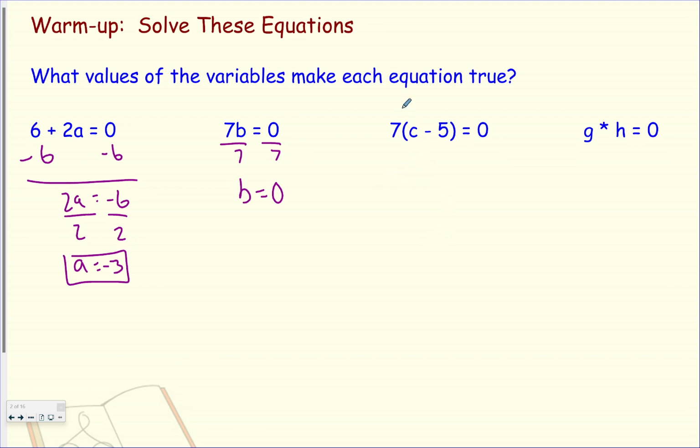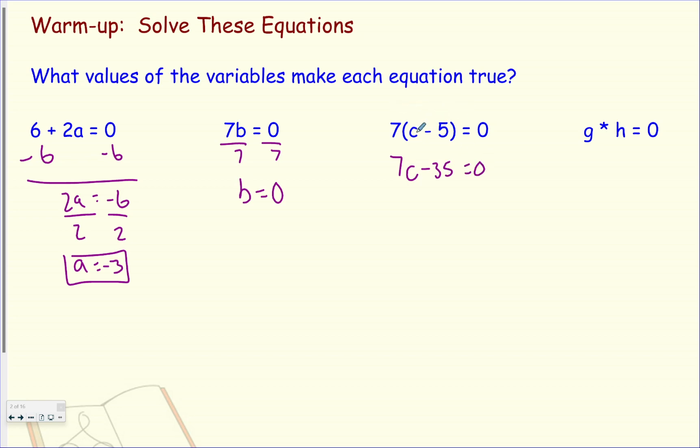How about this one? 7 times c minus 5 equals 0. Okay, so there's a few ways you can do this, right? You can distribute the 7 like this. You might do 7c minus 35 equals 0.